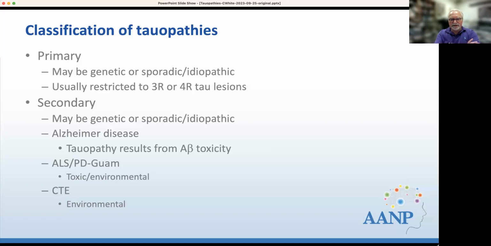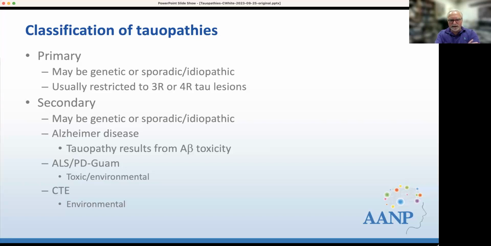Secondary tauopathies, like primary, may be either genetic or sporadic. Examples include Alzheimer's disease, which is classified as a secondary tauopathy because the presumption is that the underlying pathogenesis of the disorder involves A beta toxicity that results secondarily in tauopathic neurodegeneration.